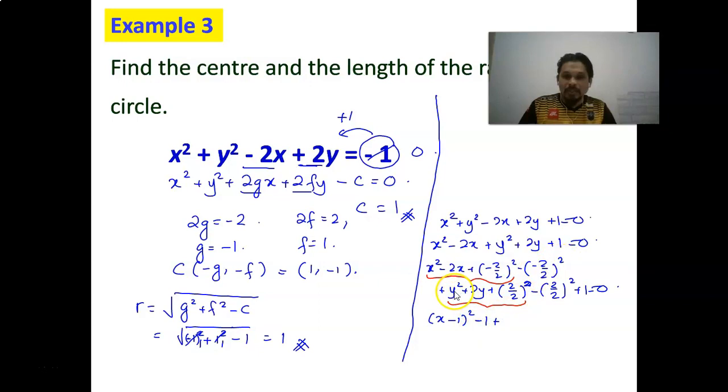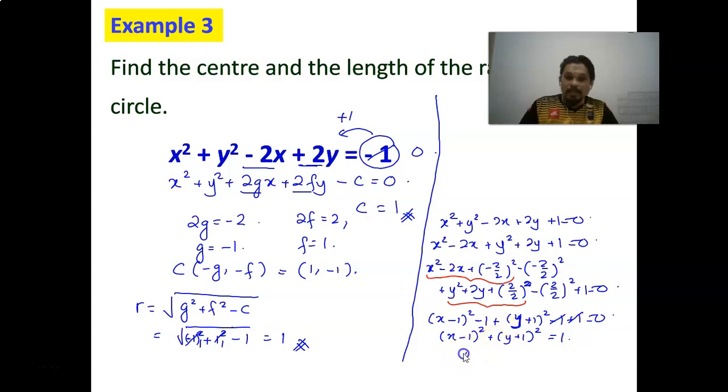Then for y, we get (y plus 1) squared, plus 1 squared, and then minus 2 divided by 2 squared. 1 squared is 1, plus 1, equal to 0. So (x minus 1) squared plus (y plus 1) squared, 1 minus 1 equal to 0, and then minus 1. Negative 1 we bring to the other side, it becomes positive, equal to 1.